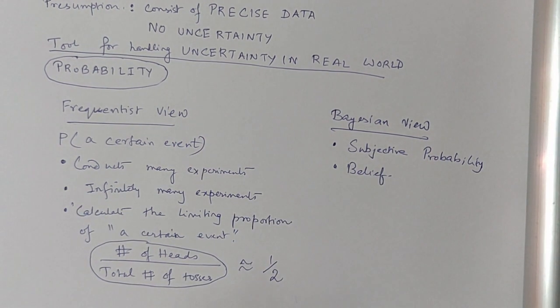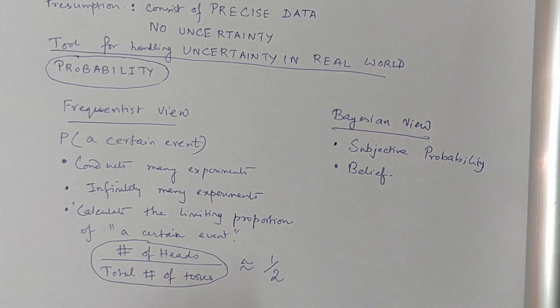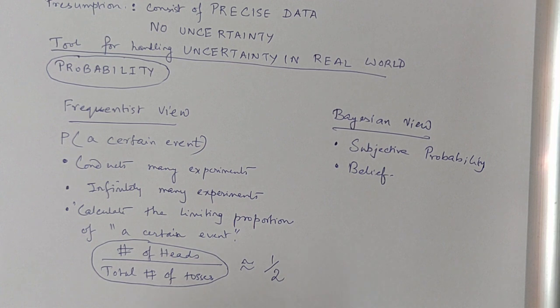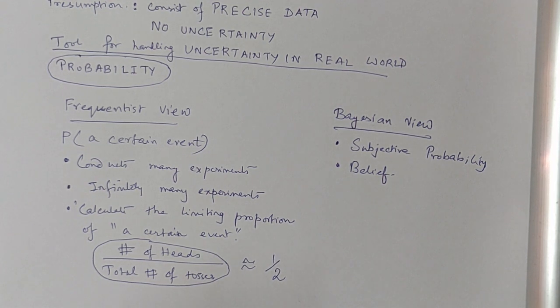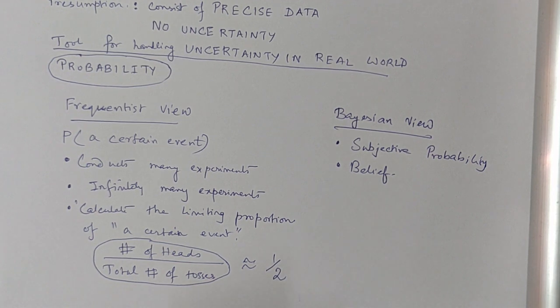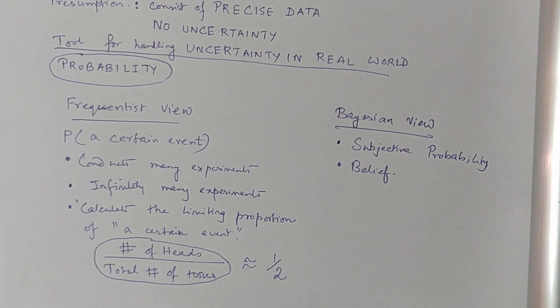There are no experiments going on here. Nobody is recording, nobody is doing these relative proportion calculations, because there will be some events in your real life in which, if I ask you, will this event occur? It is impossible for you to conduct experiments and then tell me a result.